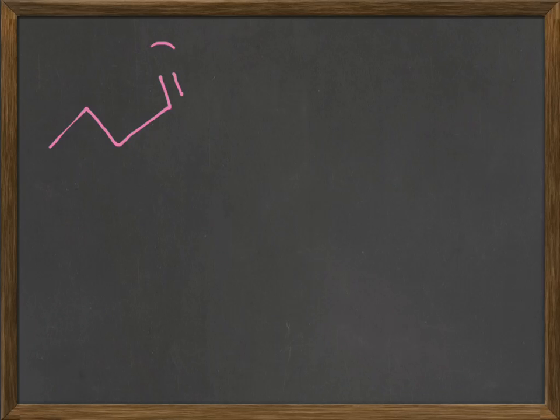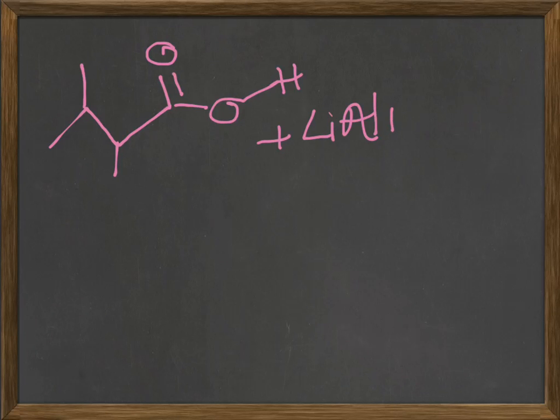All right. Next one. Have a go at this one. This is, oh, again, butanoic acid, except we've got two methyl groups on it. So that's 2,3-dimethyl butanoic acid and lithium aluminium hydride. What is that going to make? Okay, so draw out your products and then we'll go through the answer.